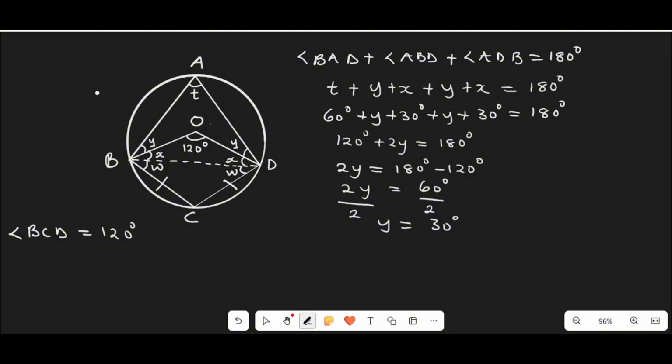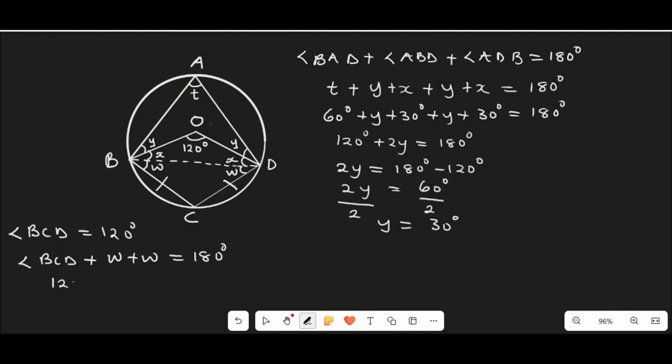The sum of interior angles in a triangle is equal to 180 degrees, which follows that angle BCD plus w plus w is equal to 180 degrees. Our angle BCD is 120 degrees, and w plus w gives us 2w.